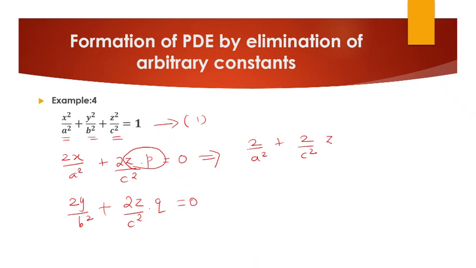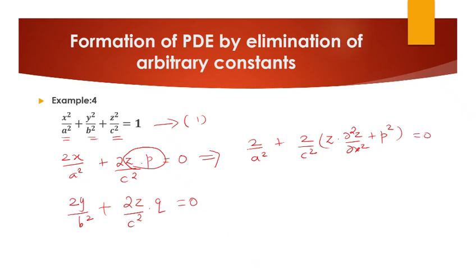Keeping z fixed and differentiating p, which is dou z by dou x, I'm getting dou square z by dou x square. And keeping p fixed, differentiating z, I'm getting dou z by dou x, which is nothing but p again. So this comes as p square, which is equal to 0.